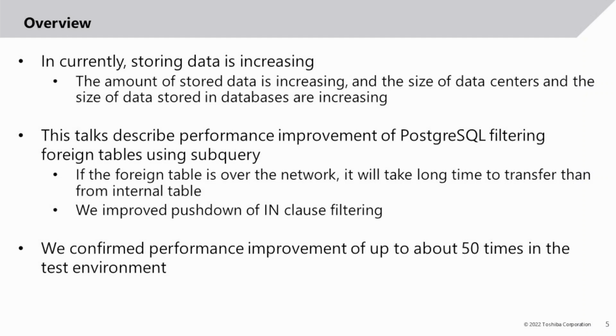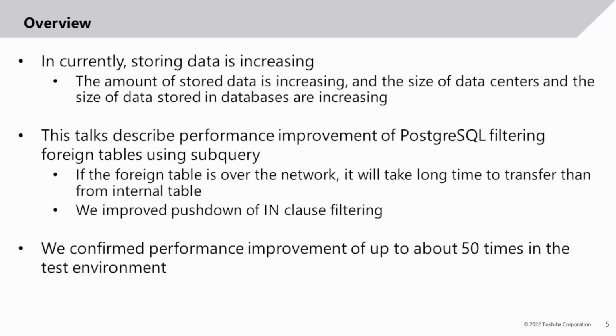So this is the talk overview. Currently, the amount of stored data is increasing, and the size of data centers and the size of data stored in databases are increasing. This talk describes performance improvement of Postgres filtering foreign tables using subquery.